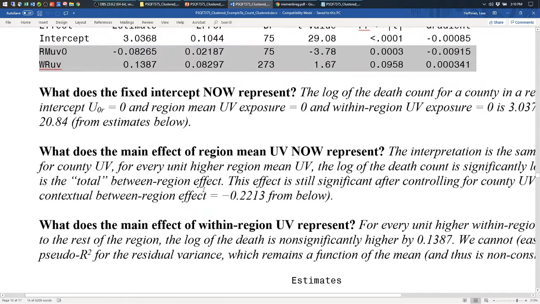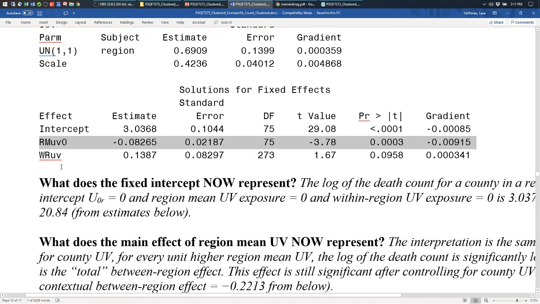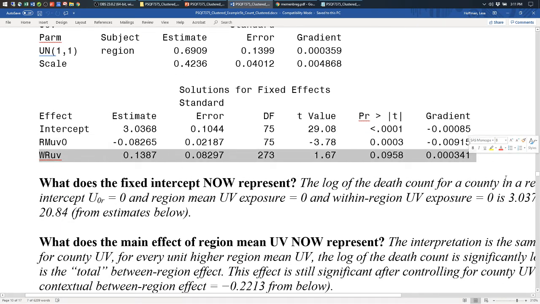Here's the hard part. What do I do to give this an effect size? For a level 2 effect, I could look at pseudo R square for the random intercept. What can I do with this?